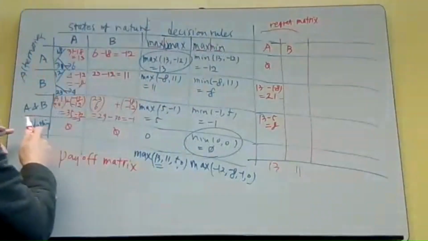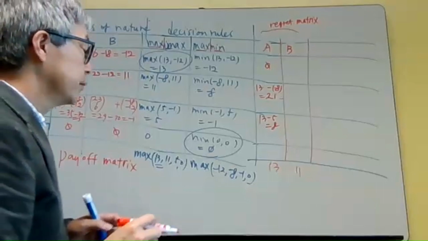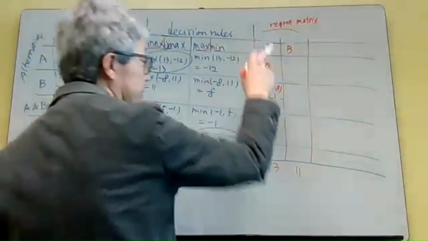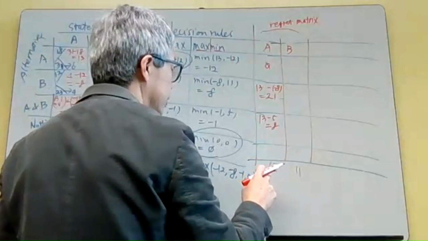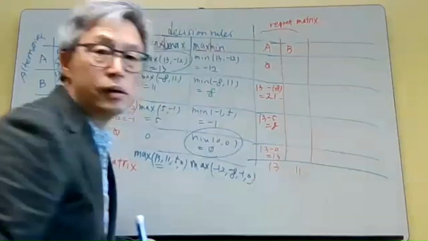Then if you buy nothing, your payoff is 0 under the same state of nature. So 13 minus 0 is 13.